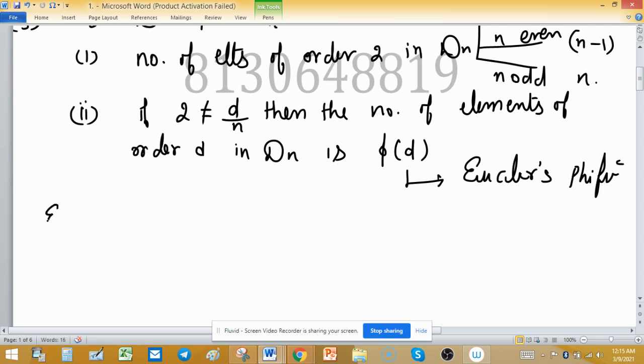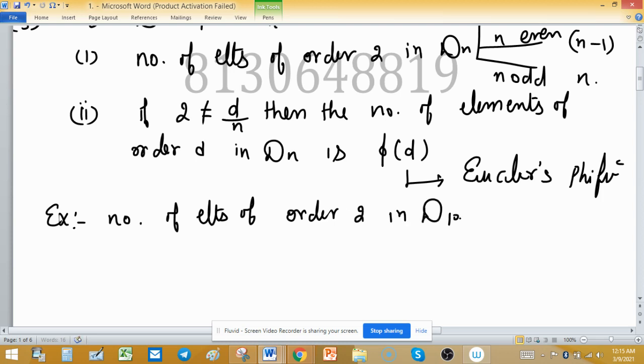For example, the number of elements of order 2 in D_10, because 10 is even, is n + 1.